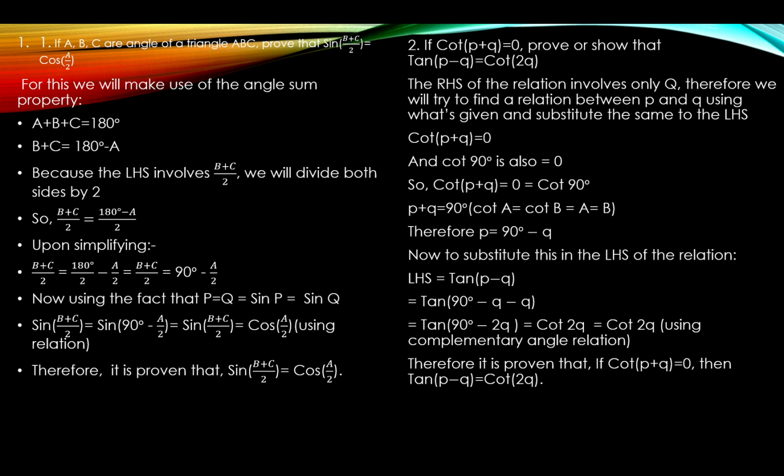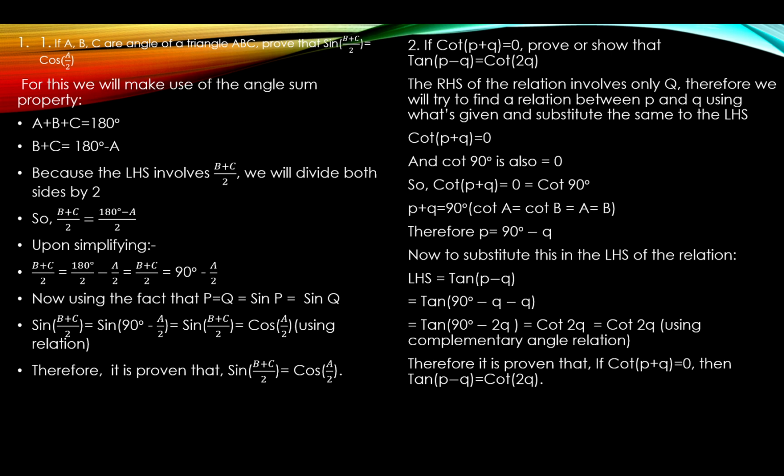Question number 2. If cot (p plus q) is equal to 0, prove or show that tan (p minus q) is equal to cot 2q. The RHS of the relation involves only q. Therefore, we will be trying to find a relation between p and q using what's given and substitute the same into the LHS. So, cot (p plus q) is equal to 0.